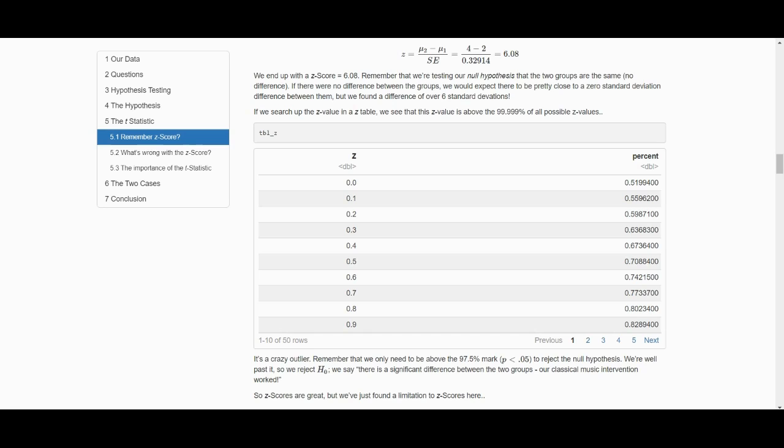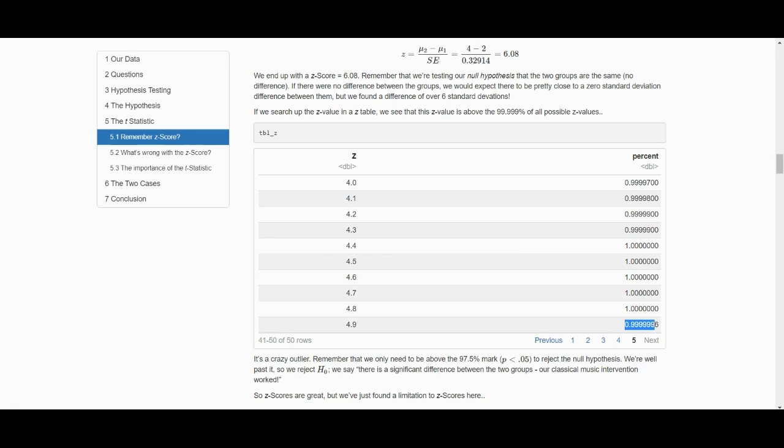So again, we would look up our z-value using the column here. 6.08, these are all less than 1, so moving on to page 2, these are all between 1 and 2. And we still don't have a high enough z-value yet. So this is actually the last value that our table reports, if our z is 4.9.